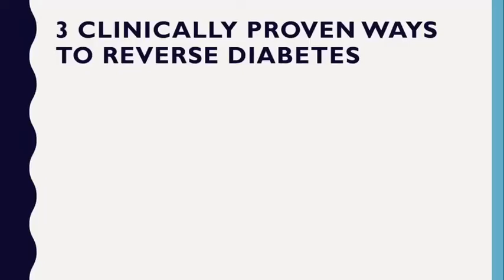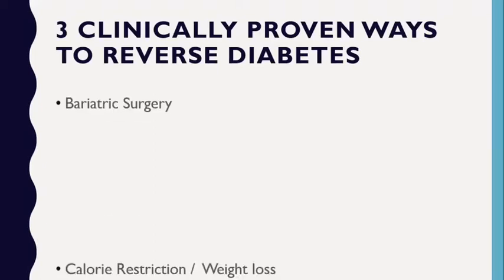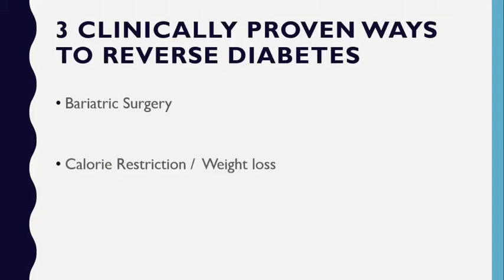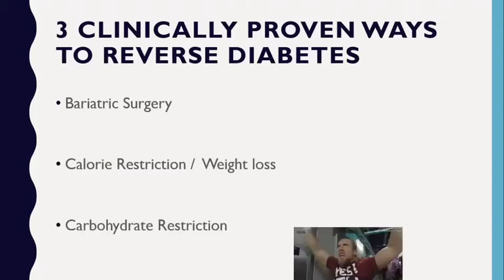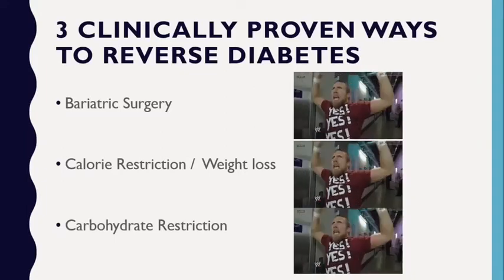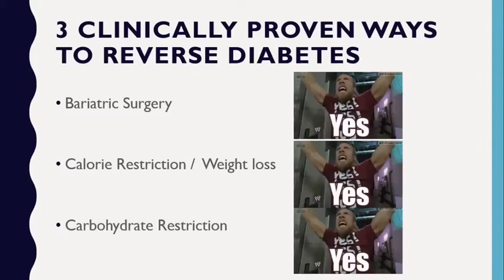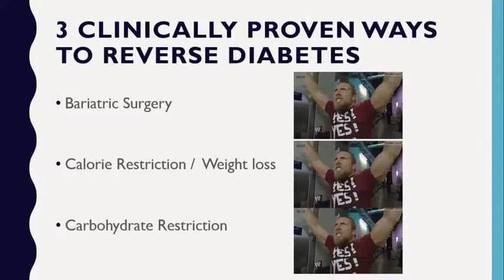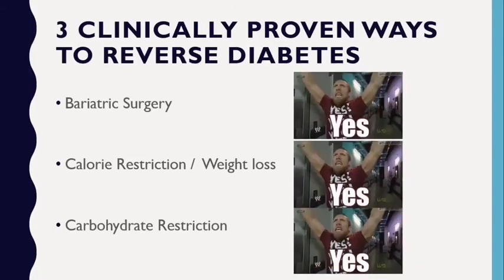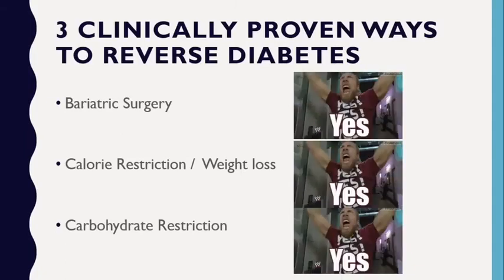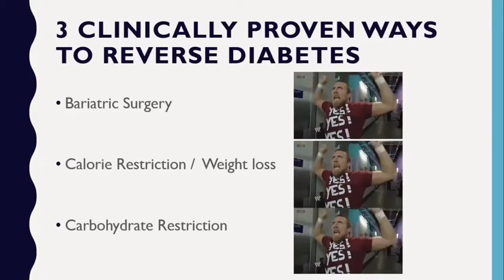So there are 3 clinically proven ways to reverse diabetes: bariatric surgery, calorie restriction or weight loss, and carbohydrate restriction. Bariatric surgery is very rare. The only way that will occur is through very strict regulations, so I'm going to knock that out right there.